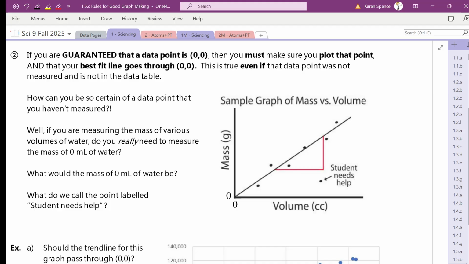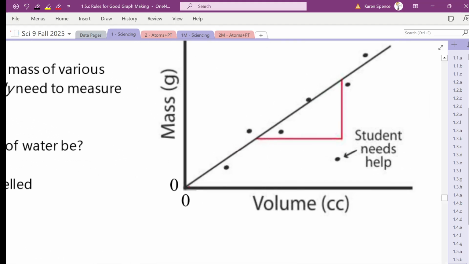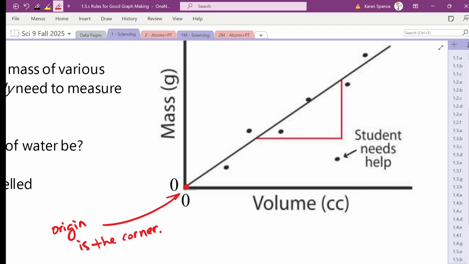So if you do know that your 0 point is exact, you should make sure that your line goes right through the origin. The origin is the corner. And if you have a point that is 0, 0, make sure your line goes straight through there.